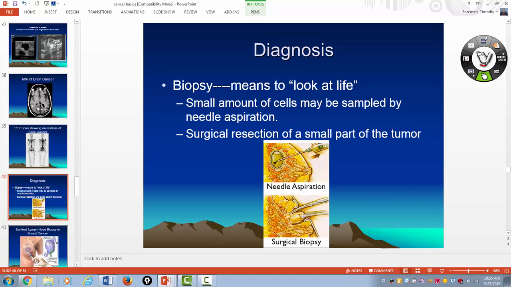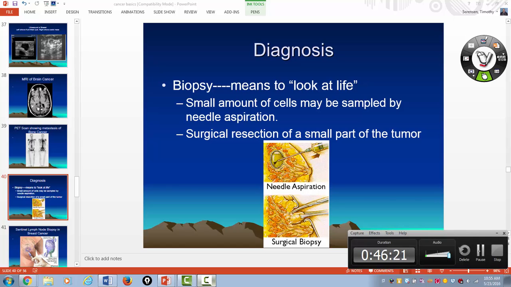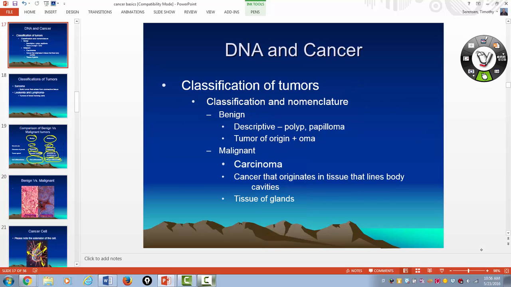And again, with really aggressive cancers, they divide so rapidly and they never mature that it's hard to determine where the cancer actually originated from. So those are the tests that you use for diagnosing.